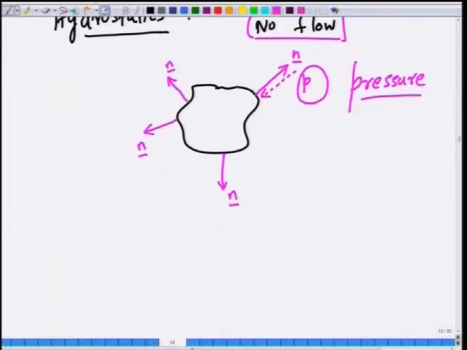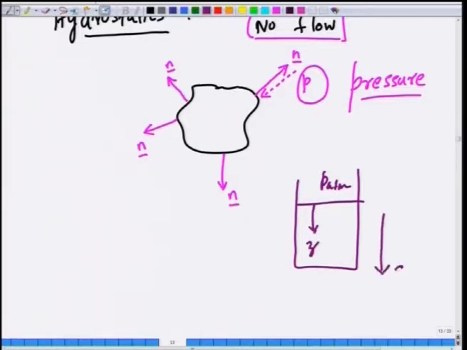Now, by doing a force balance on a fluid element under the influence of gravity, we took a volume element and said that the pressure in the fluid is no longer a constant in the Z direction. Suppose this is atmospheric pressure, and you consider the distance from the free surface downwards as Z, with gravity acting downwards.